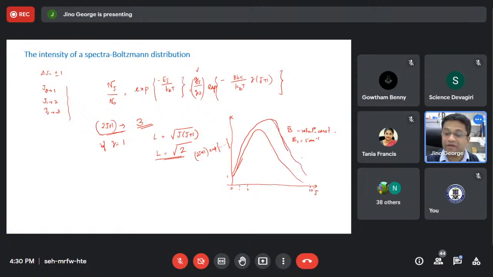This is a schematic. This is B1 and this is B2, where B2 is equal to 10 centimeter inverse. So the rotational maximum will shift.